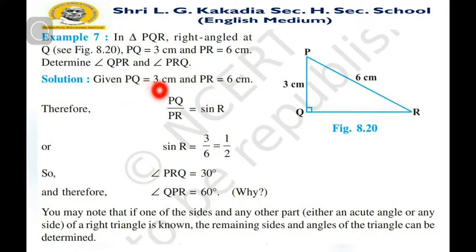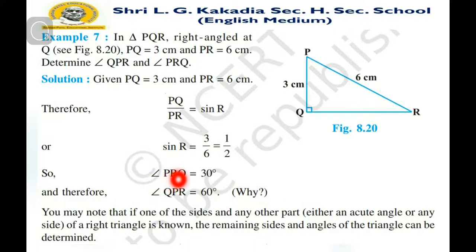Given PQ is equal to 3 centimeter and PR is equal to 6 centimeter, we use sin R for angle R, because here the opposite side and hypotenuse are given. So we take PQ over PR, which is equal to sin R. Sin R is equal to 3 upon 6, which is equal to half, and we know that the angle whose sin is half is 30 degree.